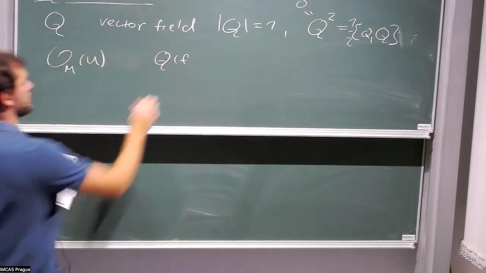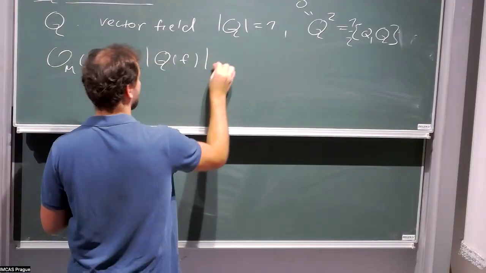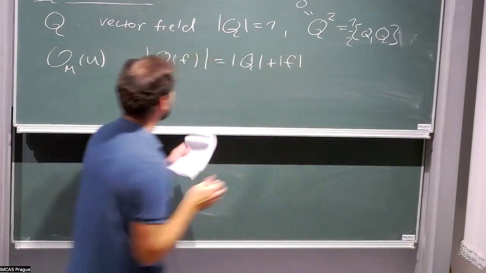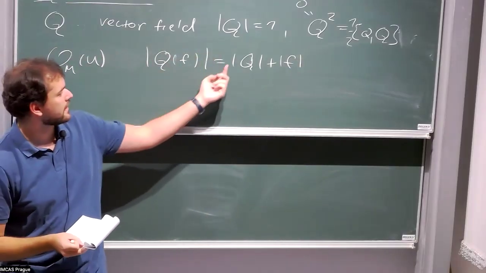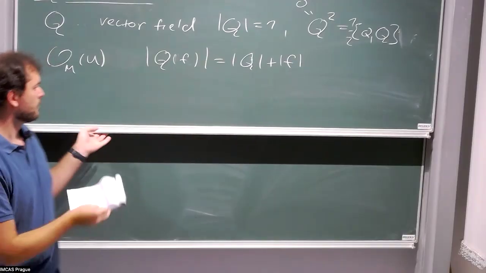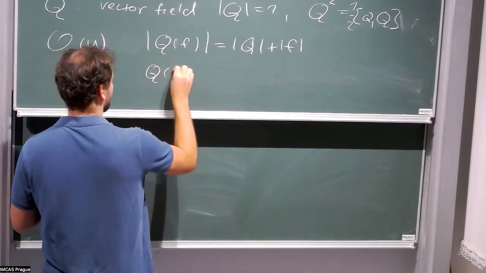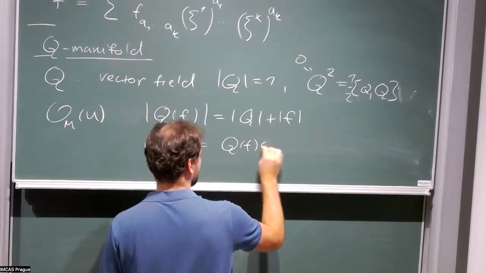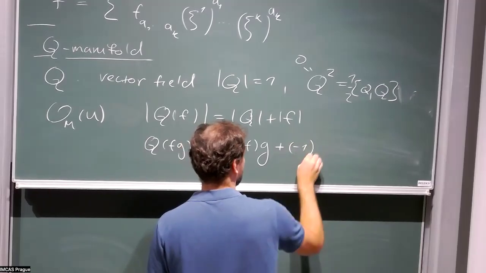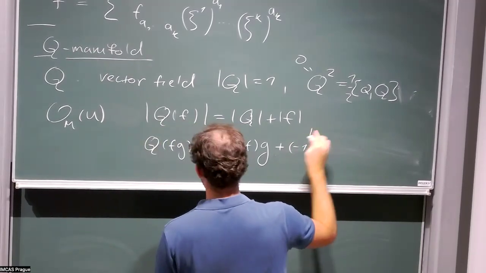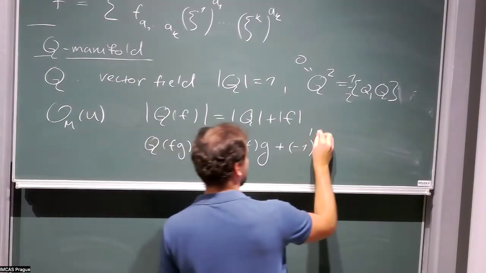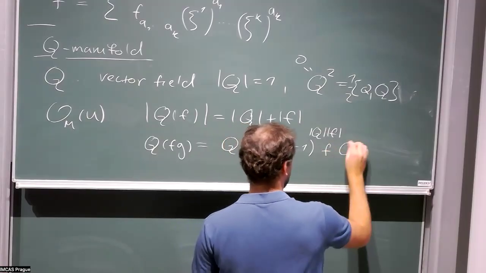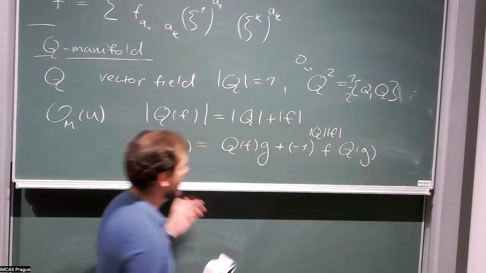That is exactly the meaning of saying that it's a map of degree, this. And there is the graded Leibniz rule. So you can have this plus, and there's the ubiquitous sign here. You want to exchange Q and F, so you always put here the degree of Q and the degree of F.